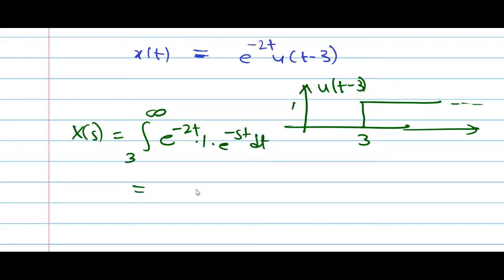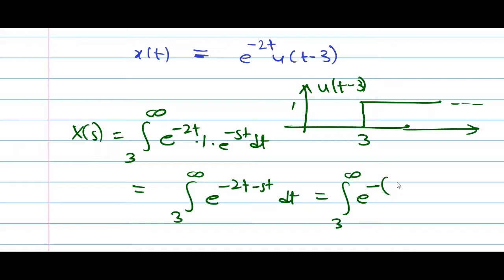So it becomes the integration from 3 to infinity of e^(-2t-st) dt. Take the minus sign common, and also take t common, so e^(-(s+2)t) dt.